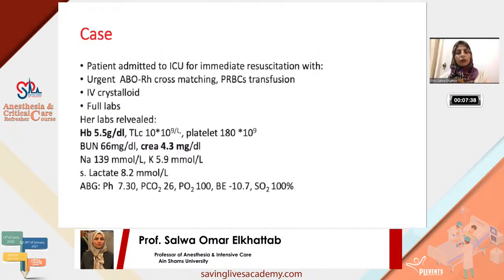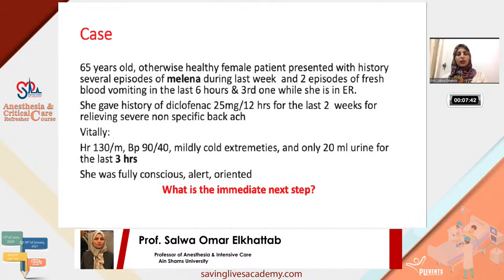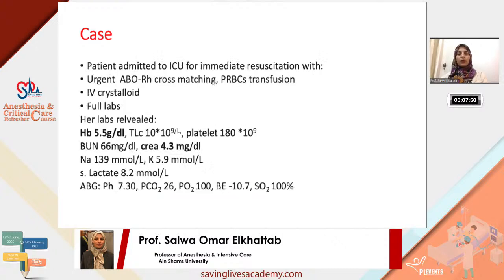What do you think to do for this lady as a first aid? Our colleague in ER sent her to us in ICU for immediate resuscitation, where we requested an urgent ABO-RH cross matching, packed RBCs transfusion. She was given IV crystalloids, and full lab revealed her hemoglobin was 5.5 gram per deciliter.